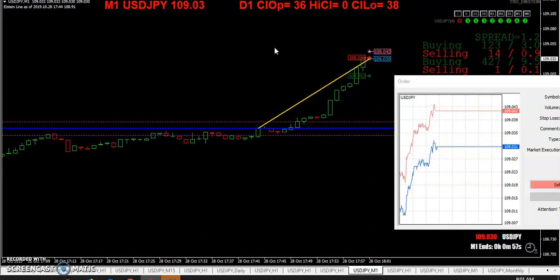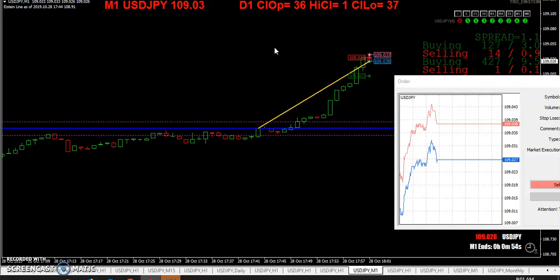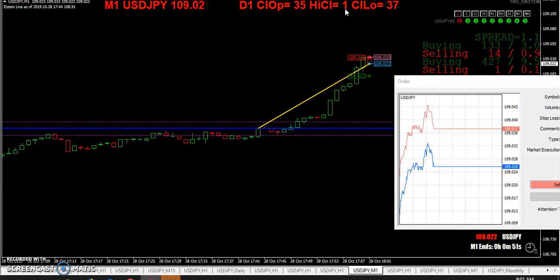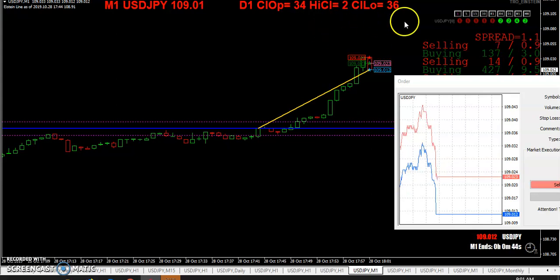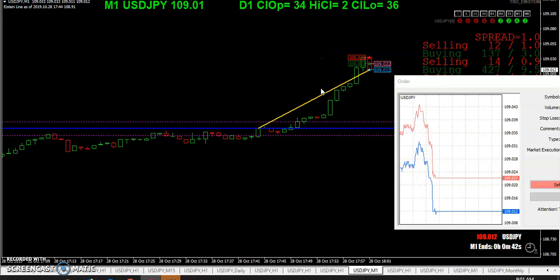Now, of course, this is going to have to reverse sooner or later. And you see we're right here, 1 pip off the high. So I would think we might start to see some selling shortly. And just as I said it, it happened. So let's just see what happens next to price.